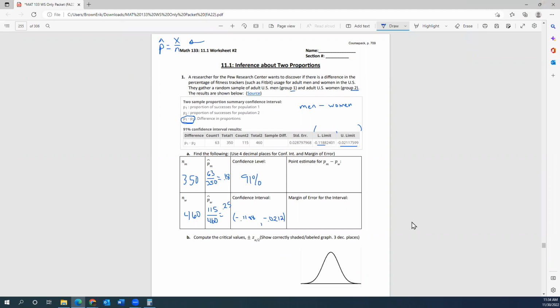No idea. Good, glad to hear. Does everyone have no idea? Well, I didn't really even understand the question. How do we know by the confidence interval who uses more?